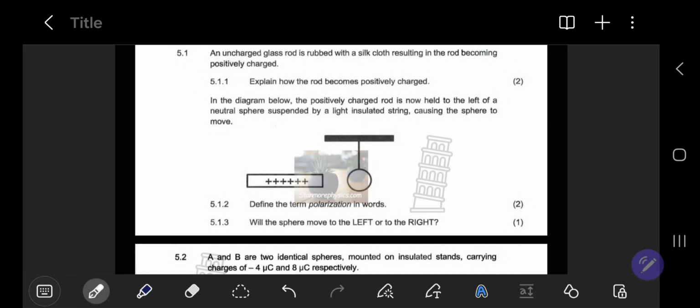Remember, objects have two types of charges, positive and negative. In a neutrally charged object, which is seen as an uncharged object, there's an even distribution of these positives and negatives, which allows it to be uncharged. But when it becomes polarized, all of the positives move to one end and the negatives move to the opposite end.